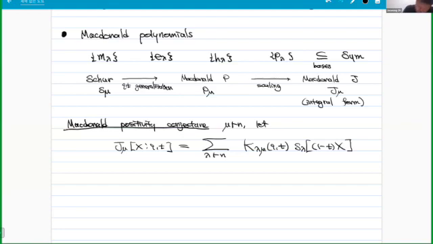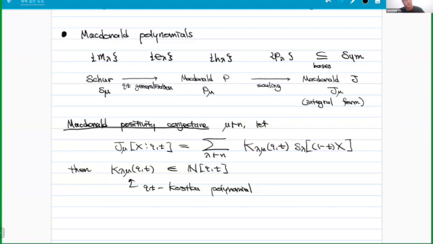The coefficients K_lambda,mu(q,t) are called the q,t-Kostka polynomials. The conjecture asserts that these are in N[q,t], so they are polynomials in q and t whose coefficients are non-negative integers.